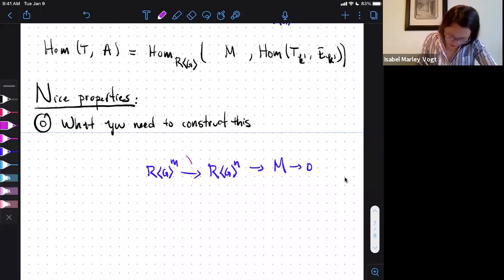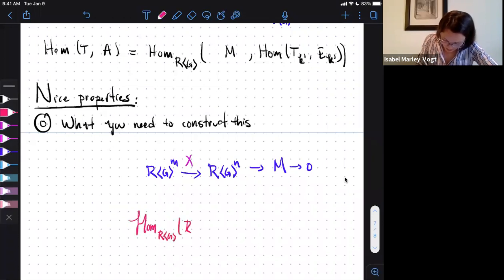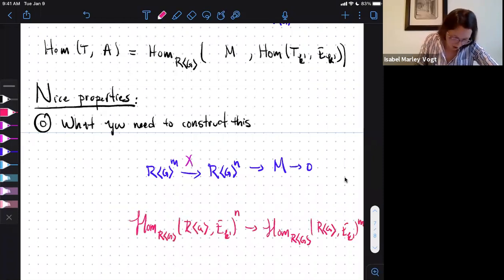Again, this is given by some matrix X. And what we want is to have some objects, Hom R angle bracket G from R angle bracket G into EK prime to the N, Hom R angle bracket G, R angle bracket G, EK prime to the M, where I can multiply by my matrix on the other side and get a homomorphism of commutative proper group schemes, and then invoke the fact that this category is abelian and get the kernel, and the kernel will be my A that I want.